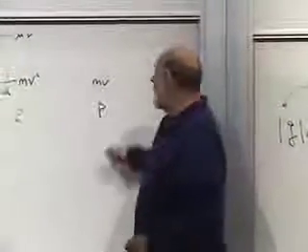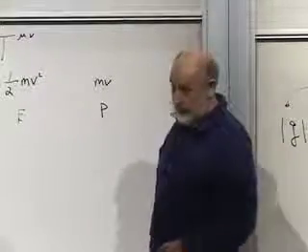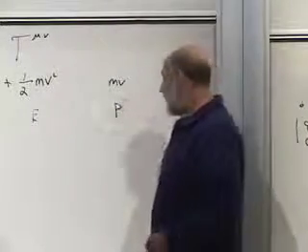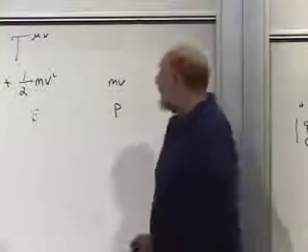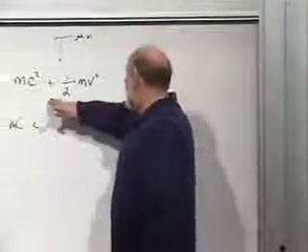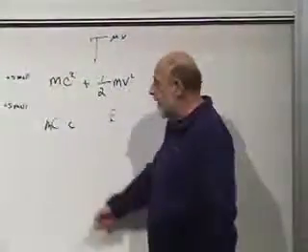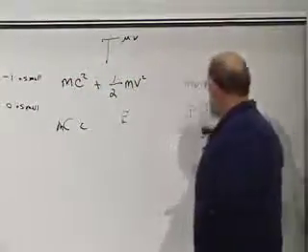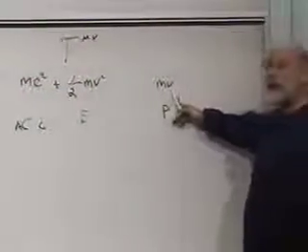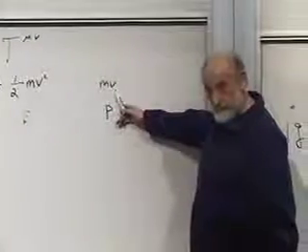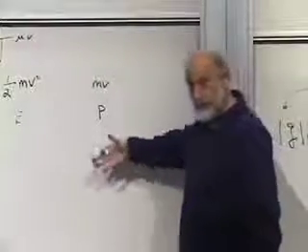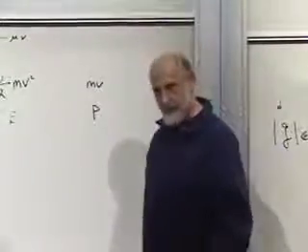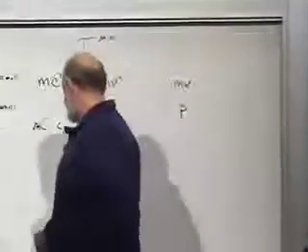The other way to say it: mc squared is big because c is big, and this doesn't have any c in it. In units in which c is equal to 1, we have an energy which is m, but then we have a momentum which is terribly small because the velocity is small. Okay, it comes to the same thing. Sometimes it's fun to keep track of the speeds of light just to see what's big and what's small.